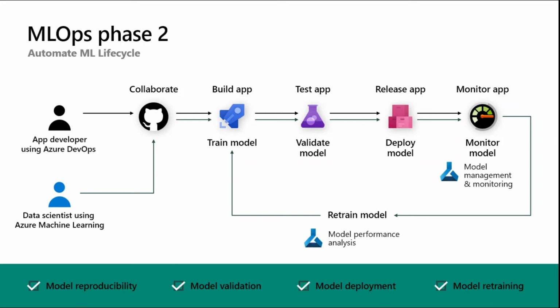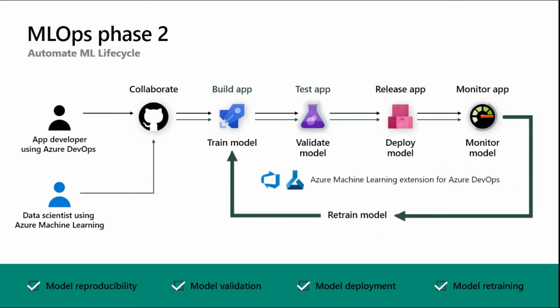Azure Machine Learning helps you to manage, monitor, and analyze your models so you know when to retrain. There is a concept of data drift as well. You can create monitors to monitor your data, not just the machine learning model.